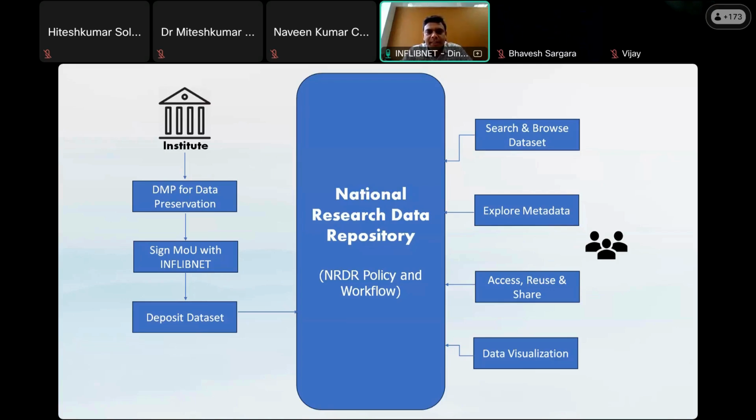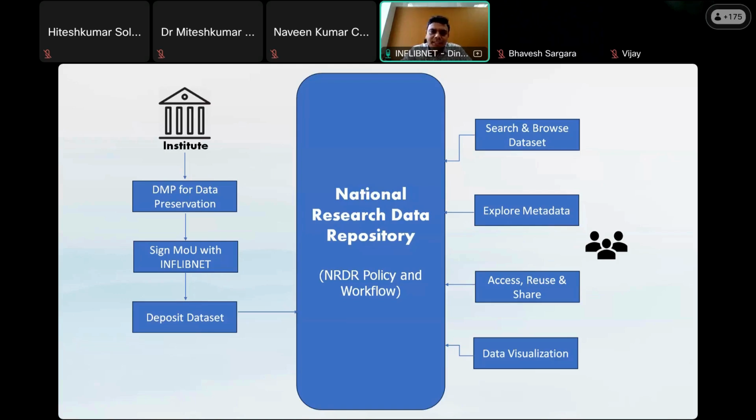We are also preparing guidelines and policy frameworks which they have to adopt before signing an MOU with InfluNet: how the research data should be shared, what the policy should be for their institutional users who generate the research data, how they can share it, and what the access policy or access rights should be.